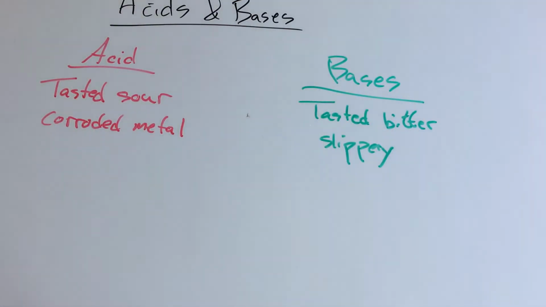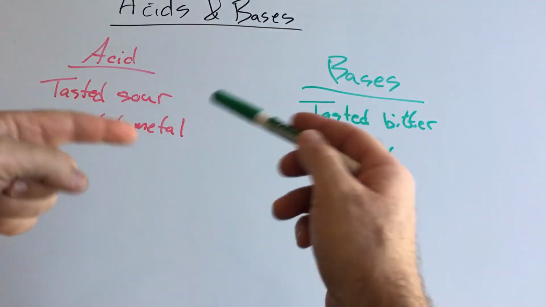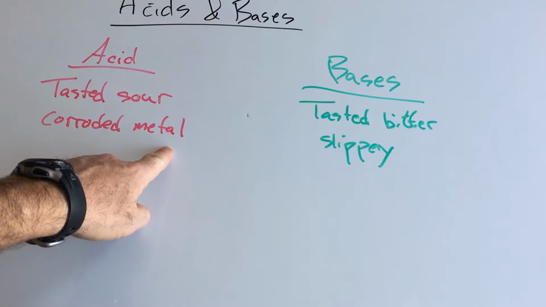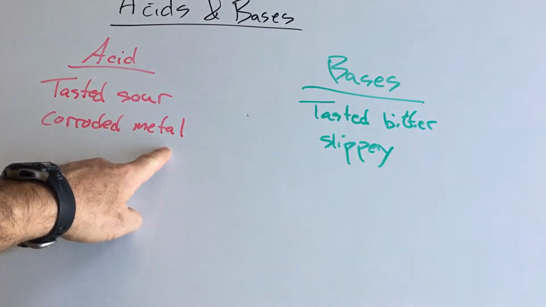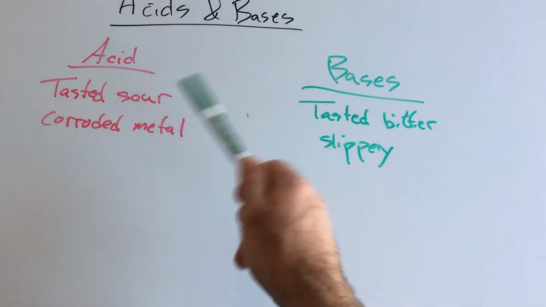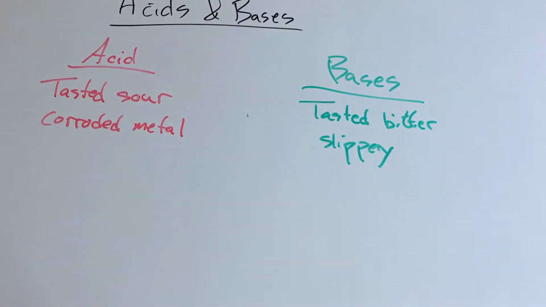And we noticed that if you put these together, they stopped each other. If you put some acid on a metal and it started to eat it away, if you threw a base on top, it would stop eating the metal. So we've known about acids and bases, and we've known how to categorize them for a really, really long time. And then chemistry came around and we figured out how it works. So we're now going to jump into how it works, but it's worth pointing out that we've known about them for a long time.